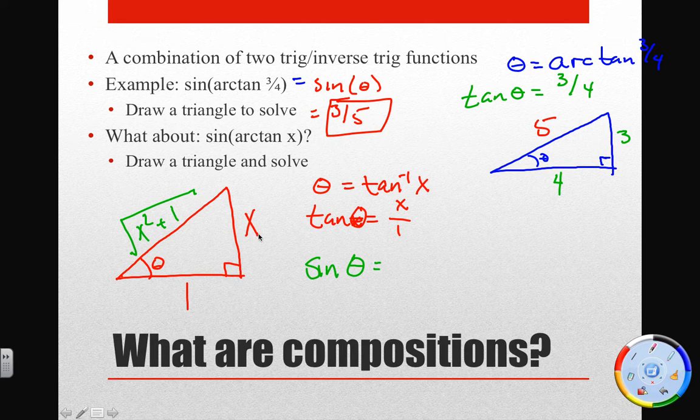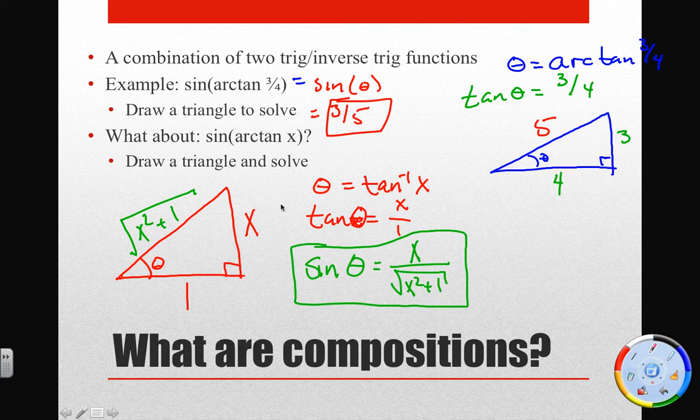Sine of theta is going to be opposite over hypotenuse. In this case, the opposite is x, and the hypotenuse is that square root function. And there we actually have our answer. There is no numerical answer for this particular question because it started off as a variable, or as a function, so our answer is going to be a function.